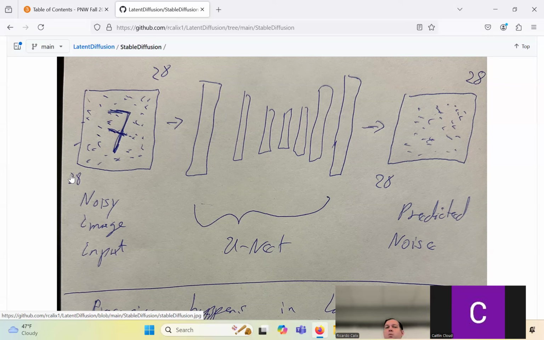A way that you can think about it is the neural network is going to receive this image. It's a 7, for instance, 28 by 28, and it's noisy, right? This is the noisy. And believe it or not, what it's trying to predict is another grid that is 28 by 28 in dimension, but that represents the noise.